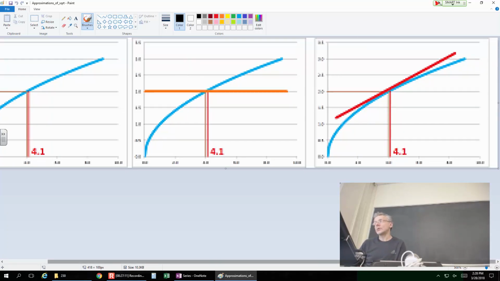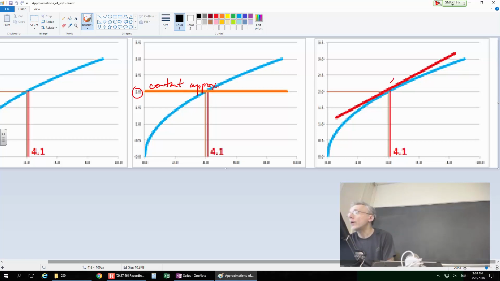Now on the right, we instead replaced our graph with the red line. That's the tangent line. Then we proceeded from 4.1. These are the two illustrations next to each other, showing how to find, or approximate, the value of the function when x is 4.1. Either you go from 4.1 to the orange line and then horizontally to the left. That is what we call the constant approximation, and that gives me 2 over here.